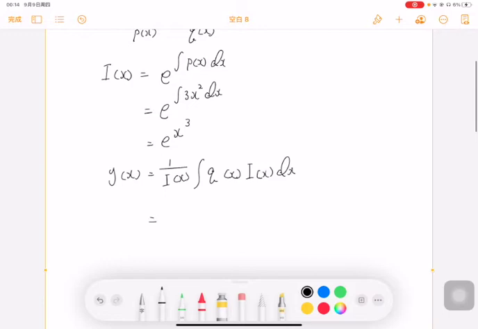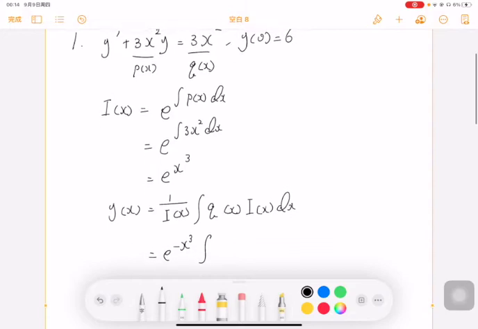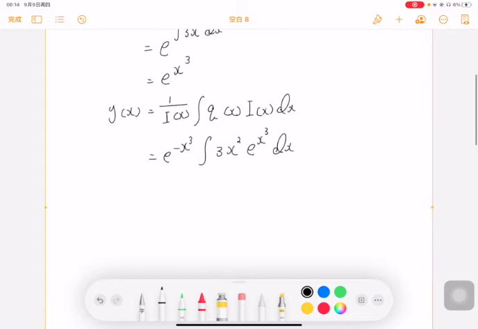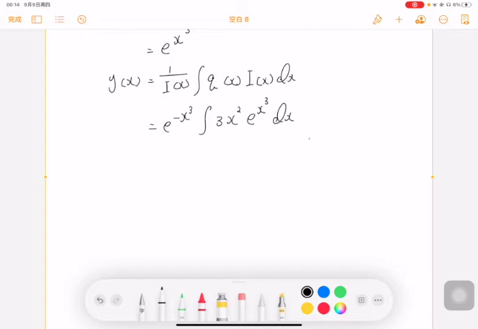which is e to the minus x cubed times the integral of, what is our q of x? That's 3x squared, times e to the x cubed dx. Now to integrate this, we need to use u substitution.